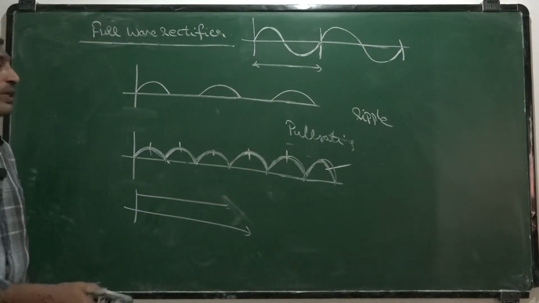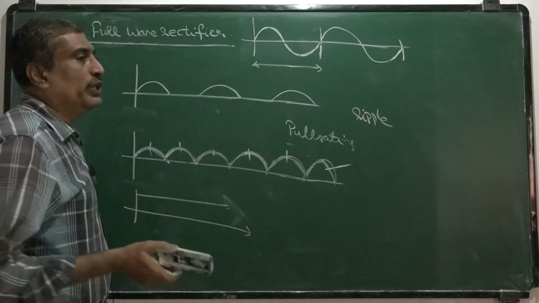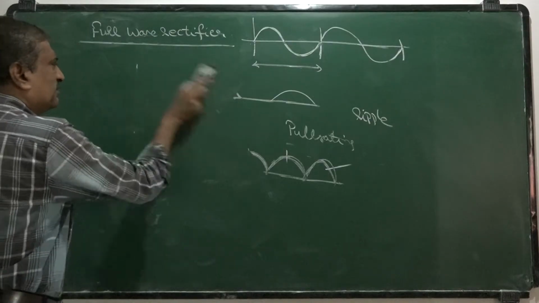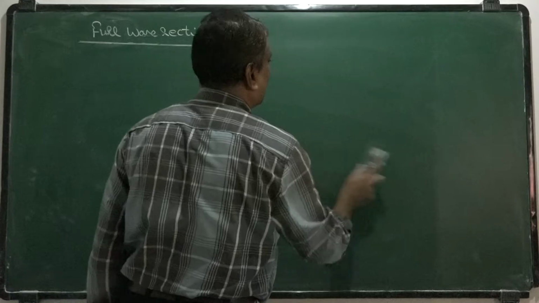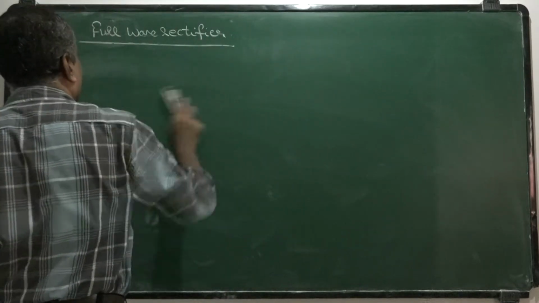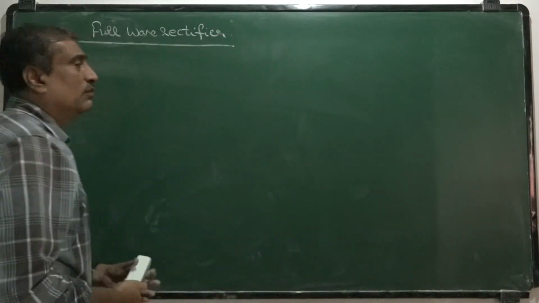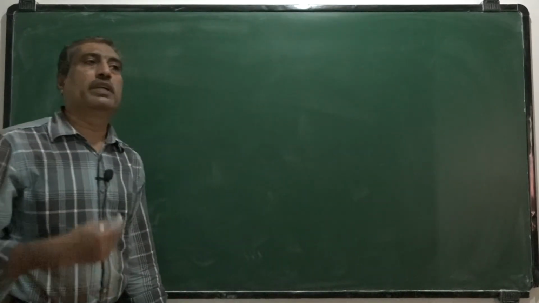To reduce these variations, we use filter circuits. We use filter circuits to get a perfect or pure DC, or to reduce the ripples in the output given by the full wave rectifier or half wave rectifier.